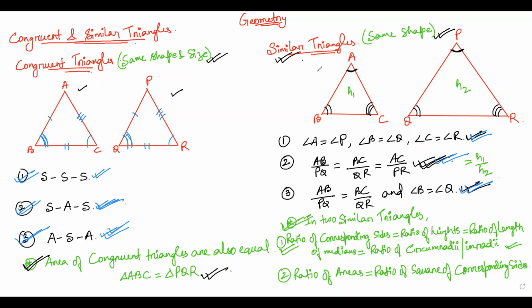Also, if the circumradius for triangle ABC is capital R1 and the inradius is small r1, and for the triangle PQR the circumradius is capital R2 and the inradius is small r2, then this ratio will also be equal to R1 upon R2 or r1 upon r2 and so on. So all these ratios will also be equal to the ratio of the corresponding sides.